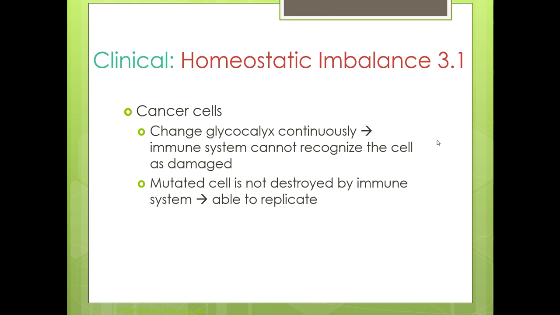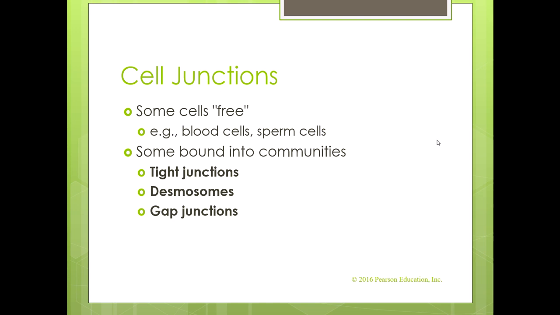And so the immune cells end up not destroying the mutated cancerous cell, which then unchecks its growth. The cancer cells replicate, and you end up with larger and larger tumors. So some of the research that they do with cancer these days is related to allowing your immune cells to recognize cancerous glycocalyx patterns.